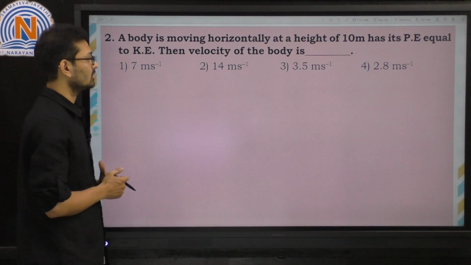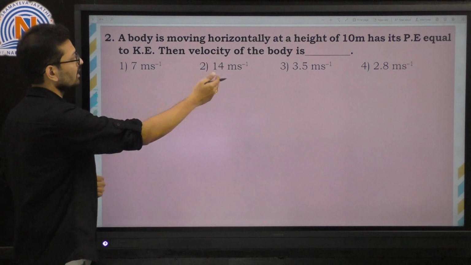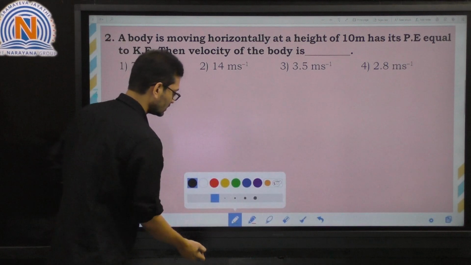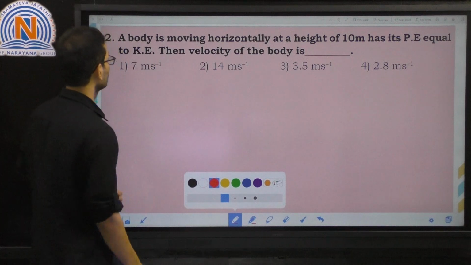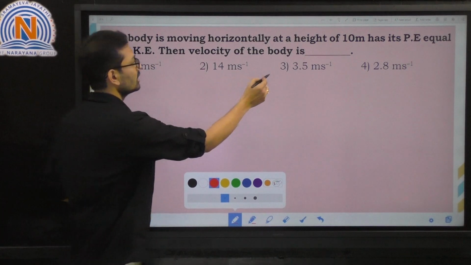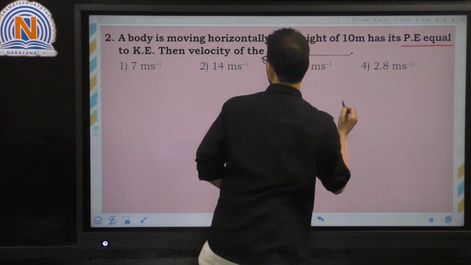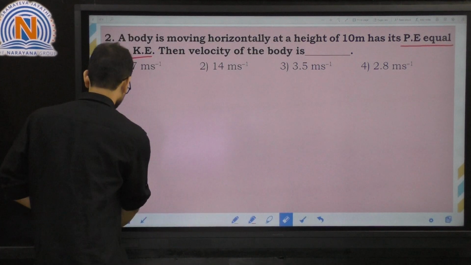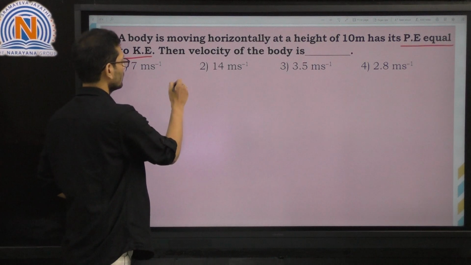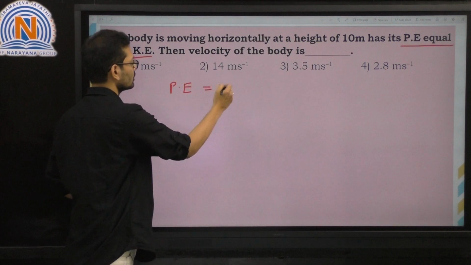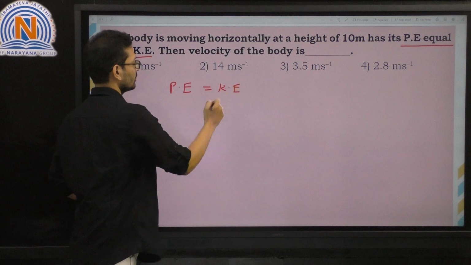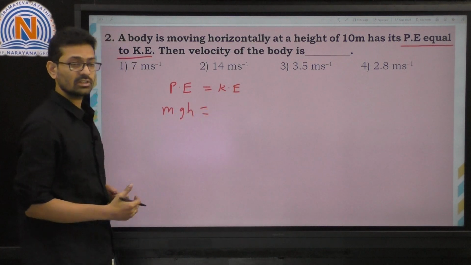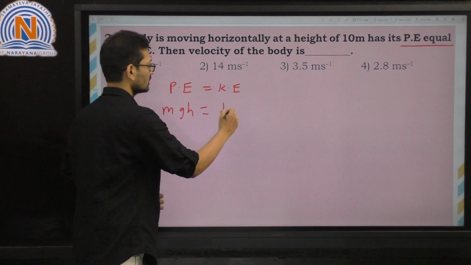He is asking for velocity and he has given you the height. Since potential energy is equal to kinetic energy, you have to equate them: PE equals KE. From the formula point of view, mgh is equal to KE, which is half mv square.